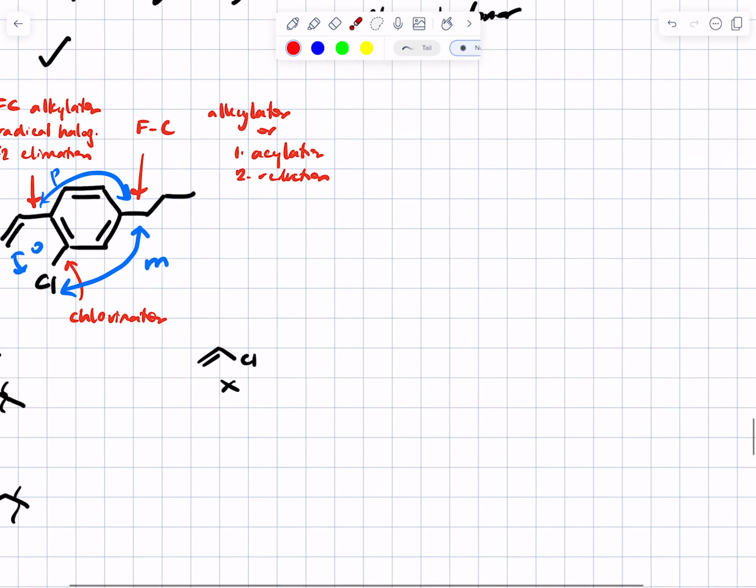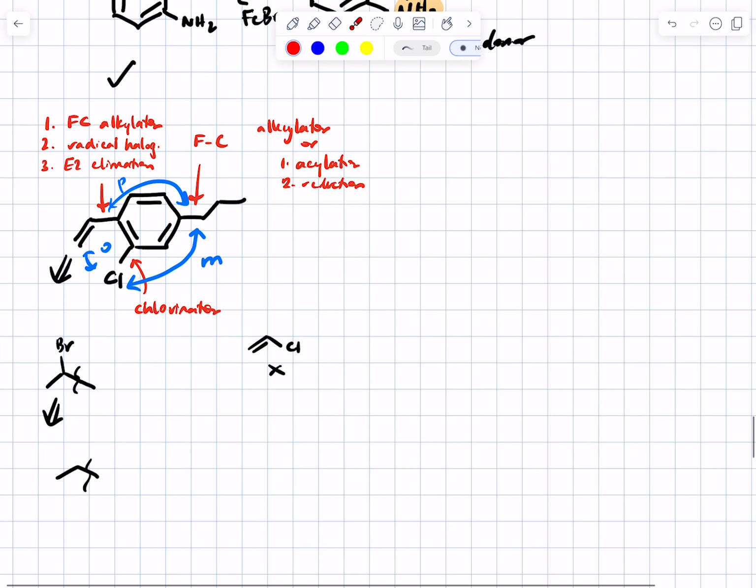So you may find some different answers here. I like to choose a pathway, if possible, where the regioselectivity doesn't oppose itself.